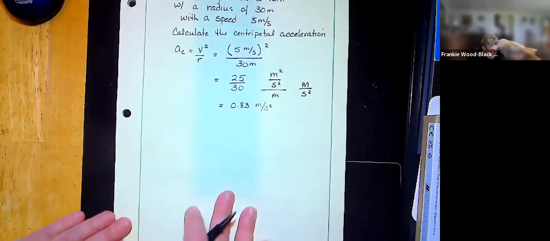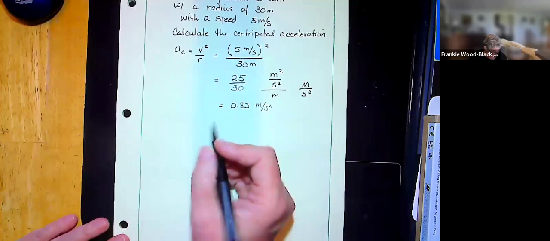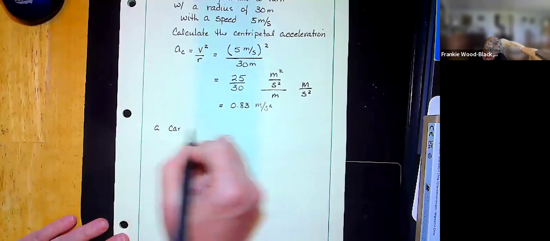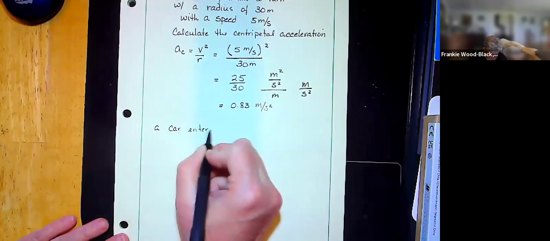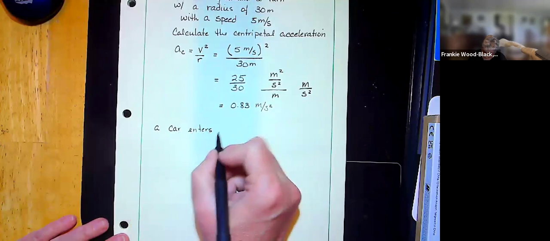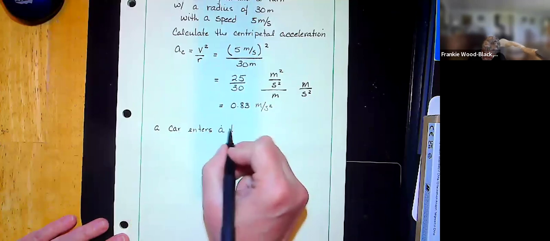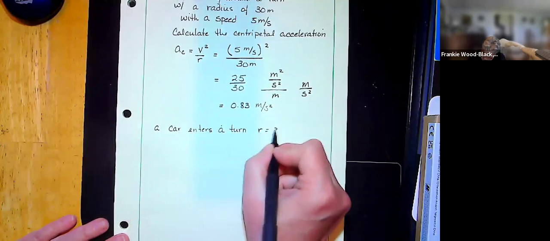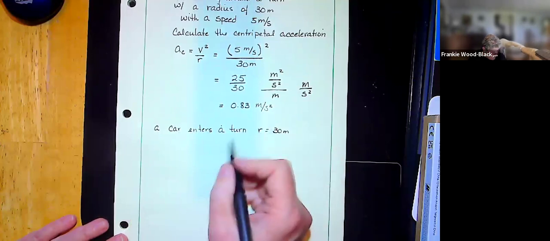So we're going to use this car. We've got a car that is going to enter a turn that has a radius of 30 meters. So we're going to use the same radius.